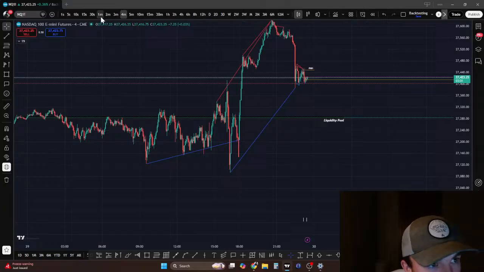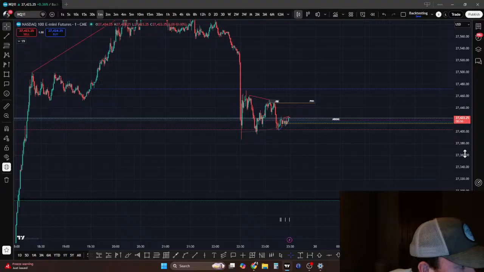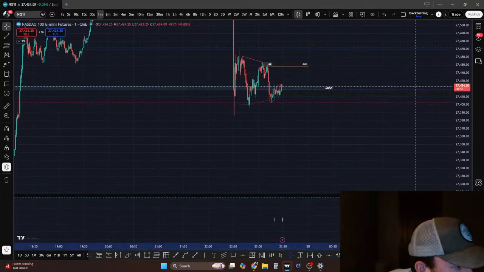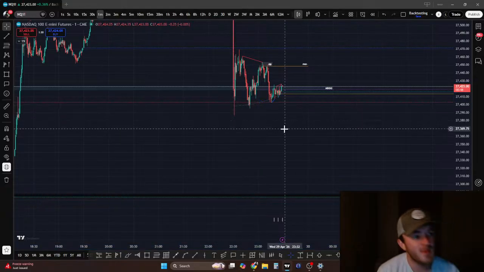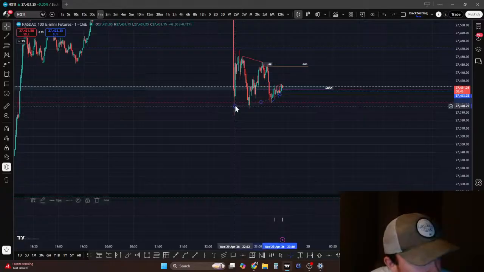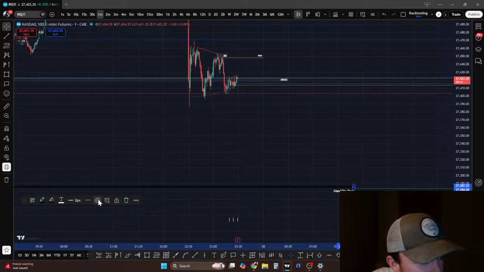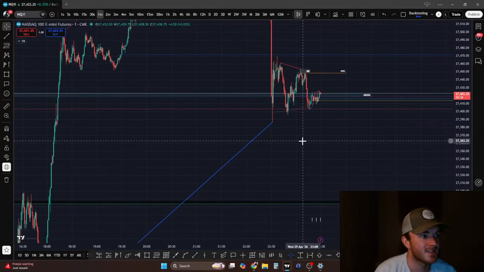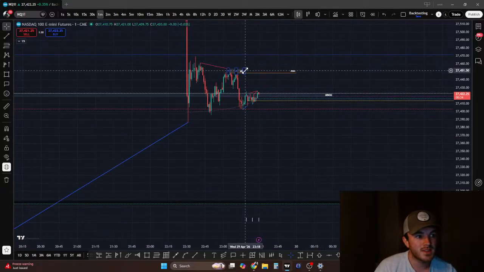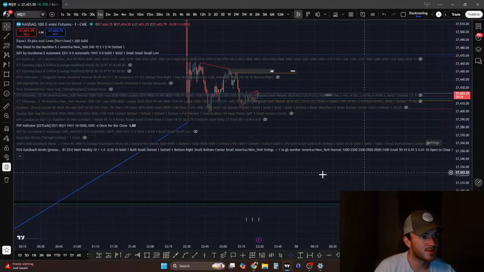Hey, that Phoenix model is playing out. Okay, I'm going to be watching. I think this is going to become low resistance, and I think we're going to drive back down to true day open. Or maybe not. Let's see if this does line up with any GB areas.